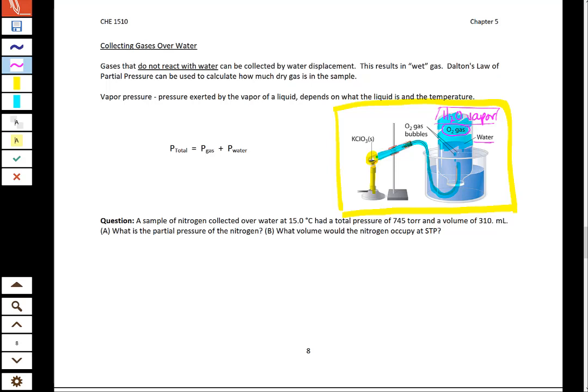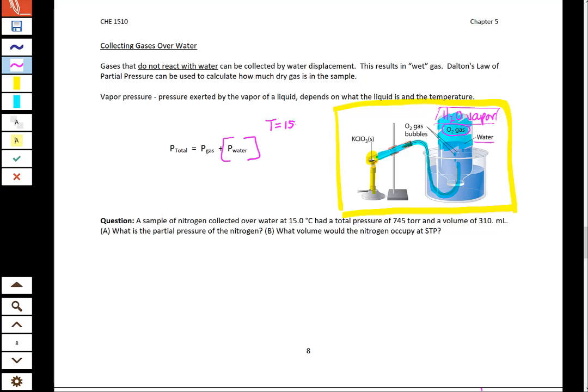And the pressure of the water vapor depends upon the temperature outside. So this P of water right here, that is the pressure of the water vapor above the gas. And again, it's temperature dependent. And so let's just throw out some examples.